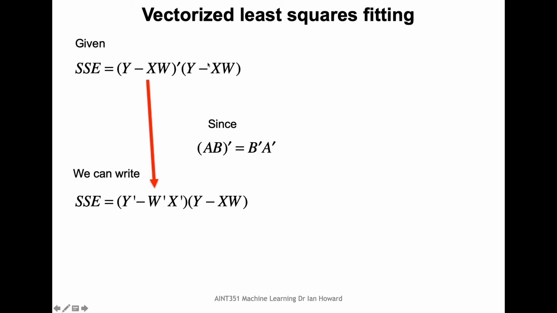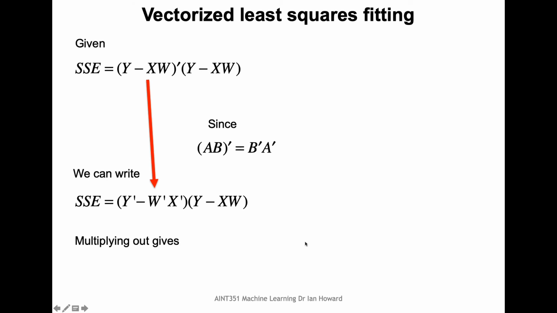We can immediately write the first term slightly differently. So the y goes to y transpose, and the xw goes to w transpose x transpose, right? So we're doing the transpose now inside the bracket rather than outside the bracket.